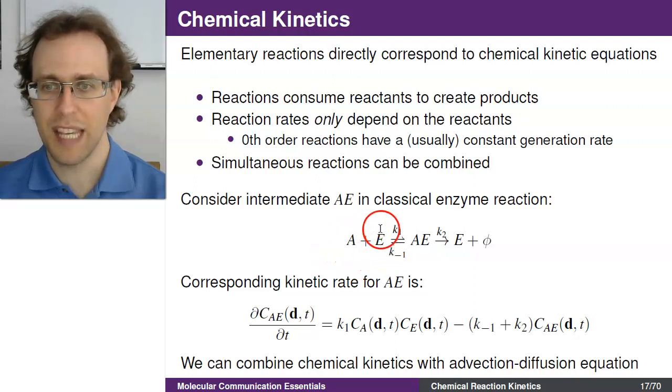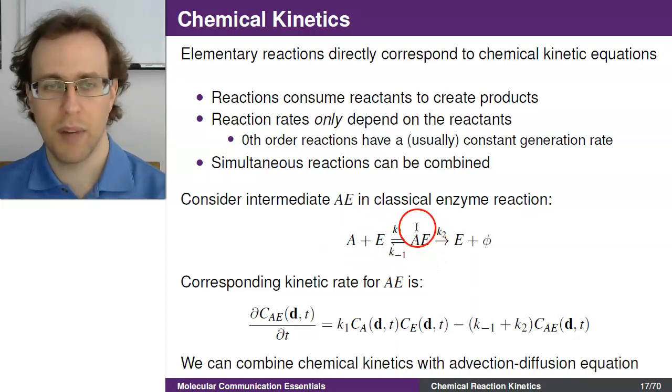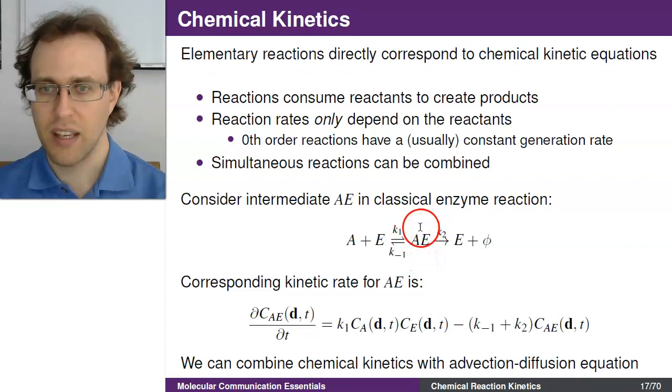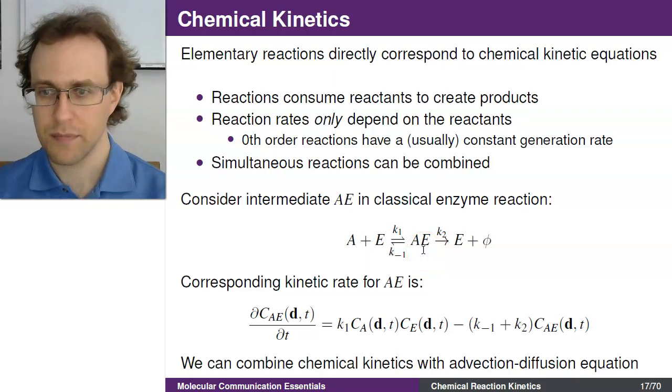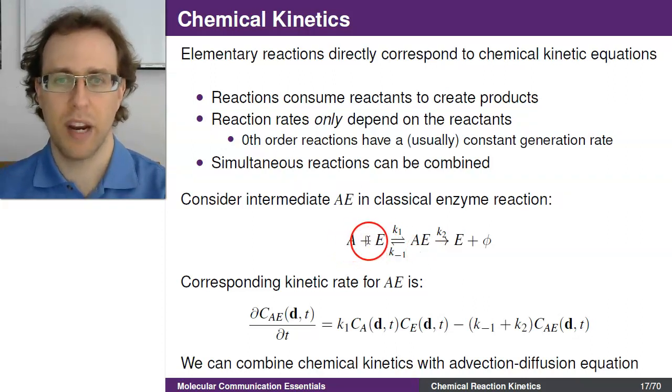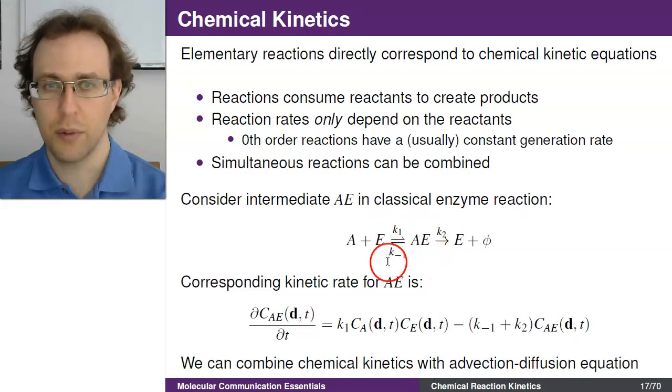We have an enzyme E. These participate in a second order reaction and bind together to create an intermediate molecule, AE. This intermediate can then participate in one of two reactions. The first one is the reverse of the binding reaction. So A and E can combine with rate K1 to give AE. AE can also break down as a first order reaction with rate K-1 back into the reactants A plus E.